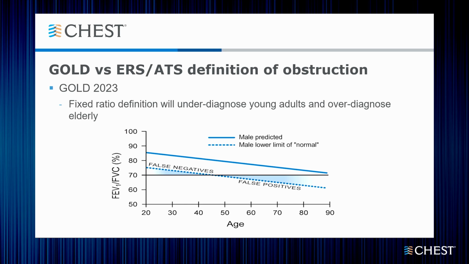This is using NHANES 3 values, but somewhere in the late 40s for males, the lower limit of normal for FEV1 FVC becomes less than 0.7. In fact, when you get to be 80, 90 years old, the predicted ratio is right around 0.7.